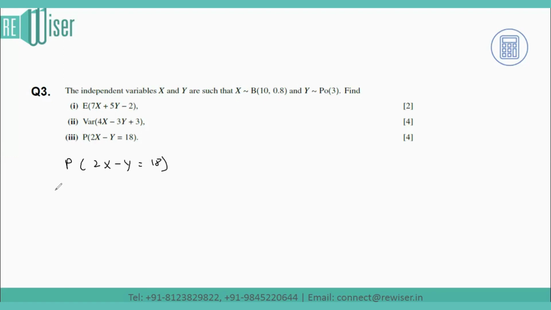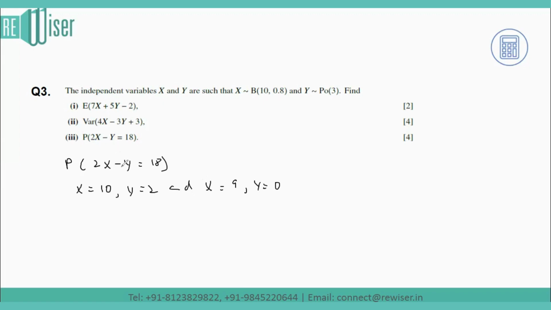Two cases we can consider: x as 10 and y as 2, which gives 20 minus 2, equal to 18. Or we can have x equals 9 and y equals 0. That combination also gives us 2x minus y as 18.